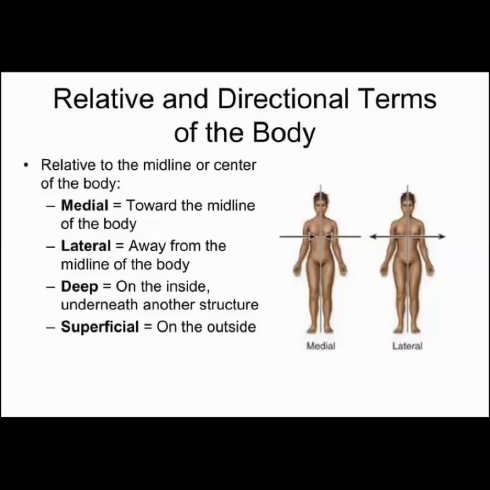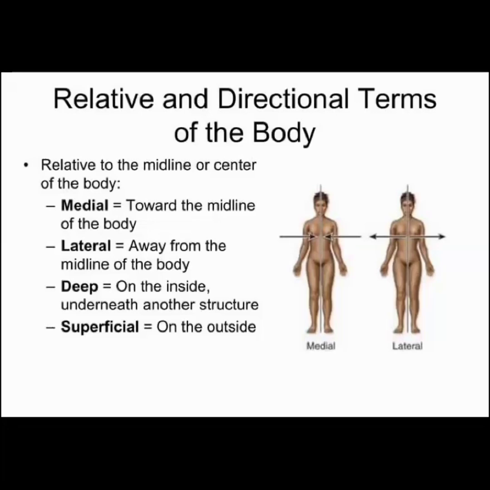Second, the lateral. It is away from the midline of the body. So the second picture is showing the arrow signs away from the body. So this is the lateral position. Medial is toward the midline of the body and lateral is away from the midline of the body.